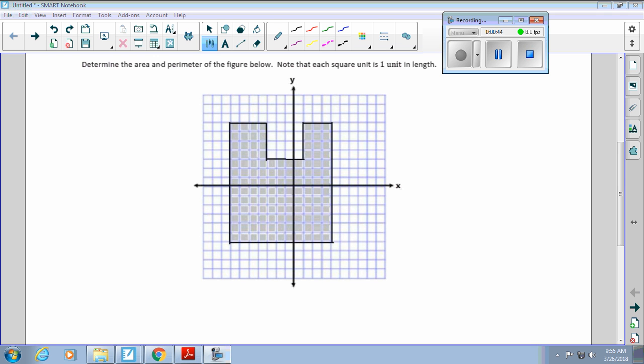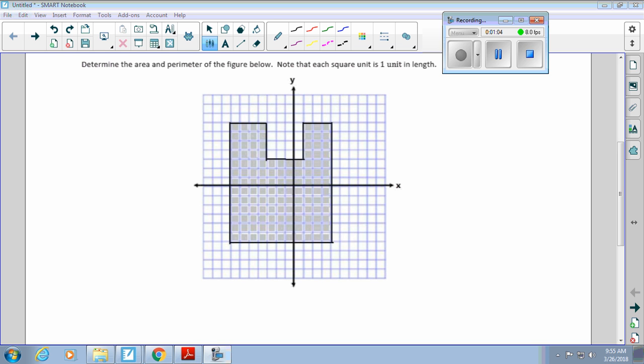The trim around windows and doors would be perimeter because it's going around the entire shape. Or the edging at the bottom of our school wall goes around the entire perimeter of the room. Those are things you would use perimeter for.